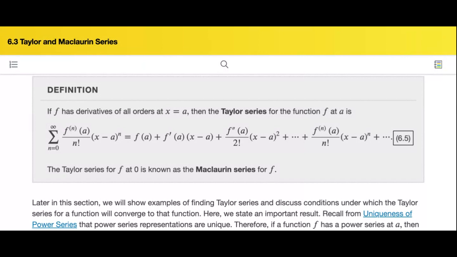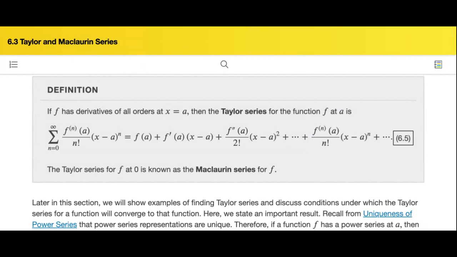So when we expand, we get f of a, the function value at a, plus the first derivative at a multiplied by (x minus a), the linear term. f prime of a, we know exactly that's the rate of change. Then plus the second derivative evaluated at the center, divided by 2 factorial, times (x minus a) squared, the quadratic term.